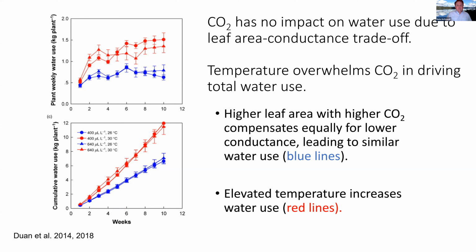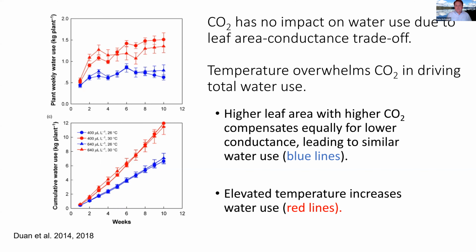You can see this by looking at the blue lines, either in the top panel or the lower panel. The top panel is weekly use and the bottom panel is cumulative use. The blue lines are elevated CO2 and ambient CO2 at the same temperature.